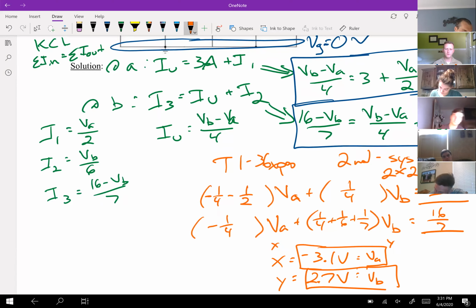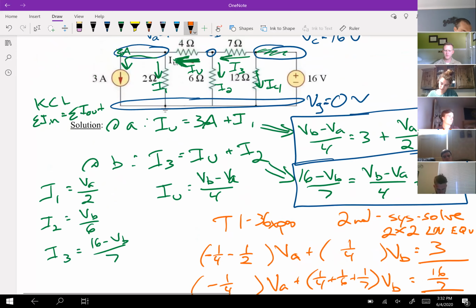The main thing that I do want you to take away from this is nodal analysis can be used anywhere within a circuit. So you could use this where you don't know voltages and solve with systems of equations. So on a more complicated circuit, we could just pick two nodes and use those two nodes to solve for their node voltages. And that's an advantage to nodal analysis, it allows us to analyze a circuit anywhere.